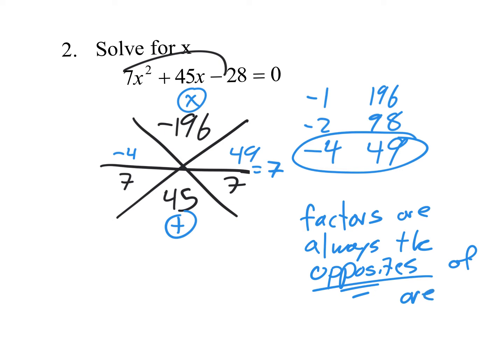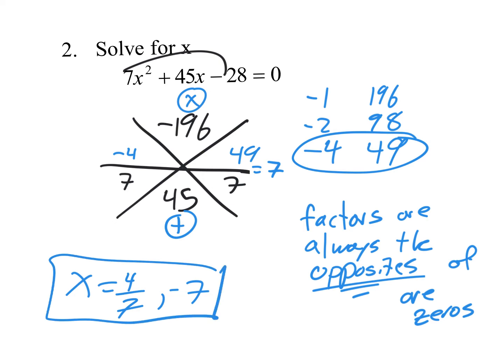So that number right there is not your 0, but one of your zeros is positive 4 over 7. And that right there, 7, is not your 0, but one of your zeros is negative 7. Okay, and so those would be your two zeros, positive 4/7 and negative 7.